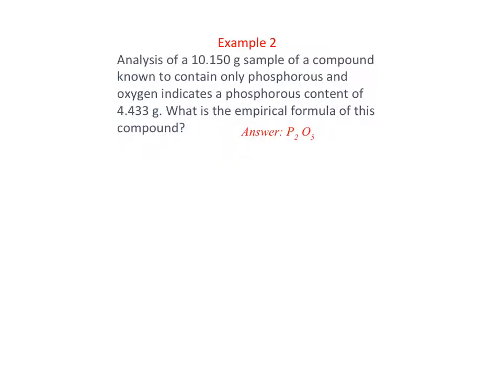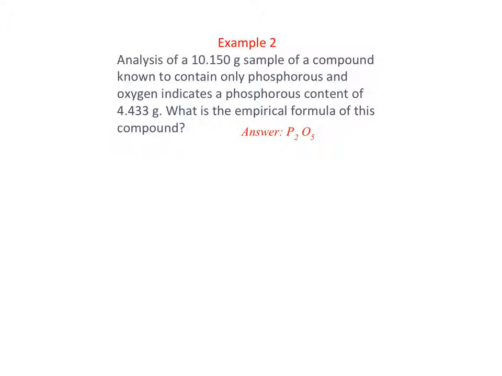This empirical formula problem is a little more difficult, but it skips over that first step. I'm already in grams, so I can jump straight into converting them to moles once I find out what elements we're dealing with.